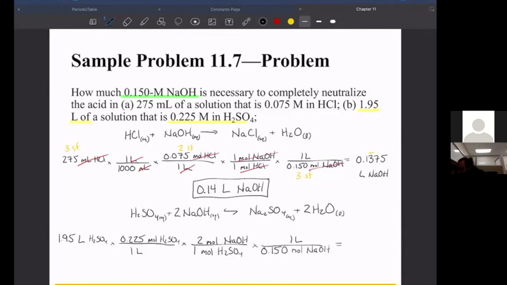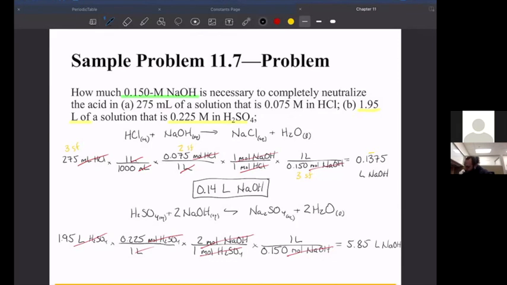And so what we get is 5.850, or really the calculator would just spit out 5.85. I go through, liters cancel out, moles of sulfuric acid cancel out, moles of sodium hydroxide cancel out, and so my units are liters of NaOH.